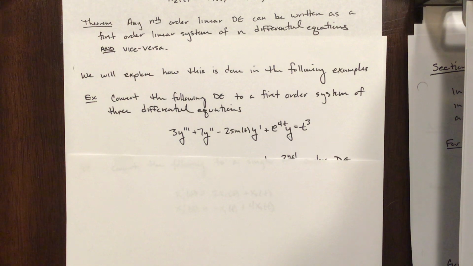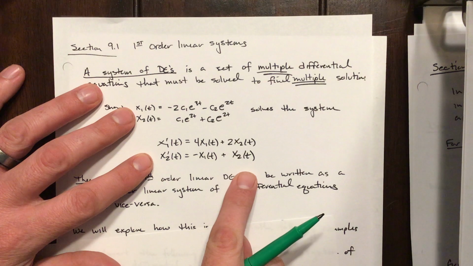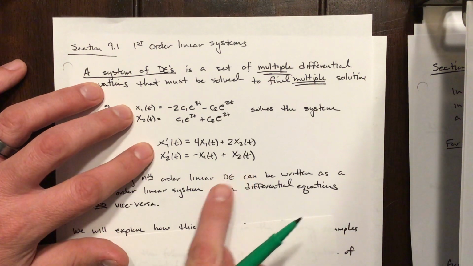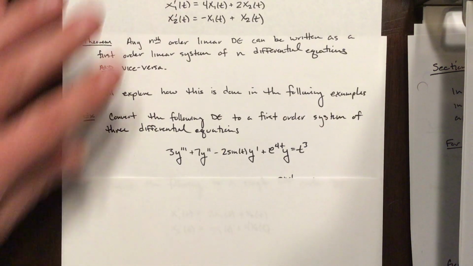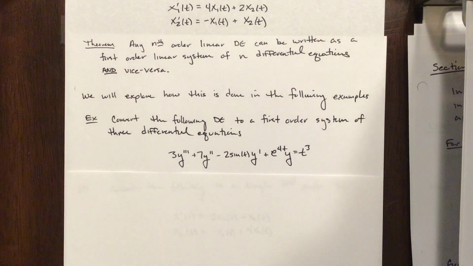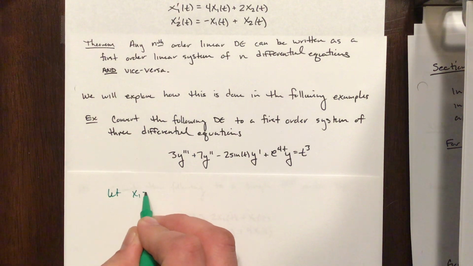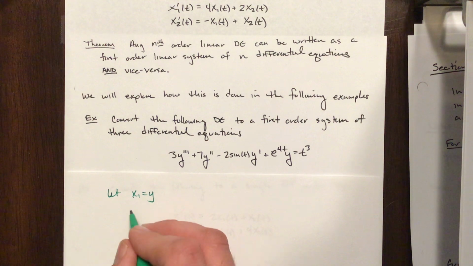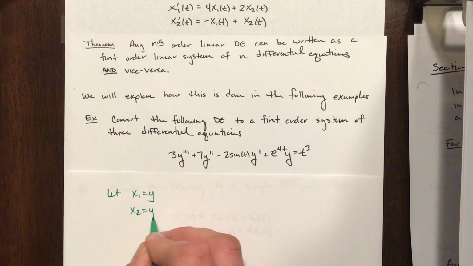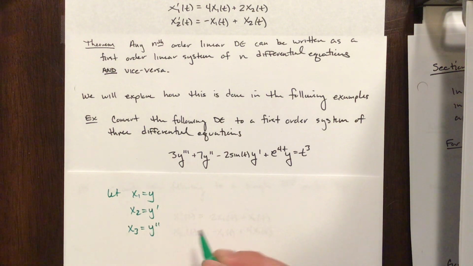So that means we're going to come up with 3 functions, x1, x2, and x3, that kind of look like that, except in this one there were 2 unknown functions. Here there would be 3. Here's how we do that. Let x1 be defined as y, so let x1 equal y, x2 be the derivative of y, and x3 be the second derivative of y.